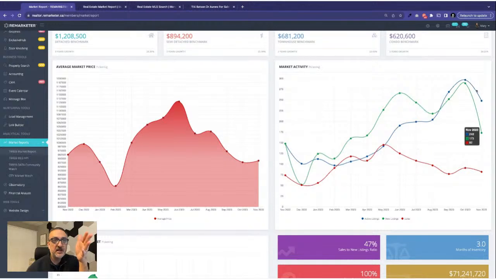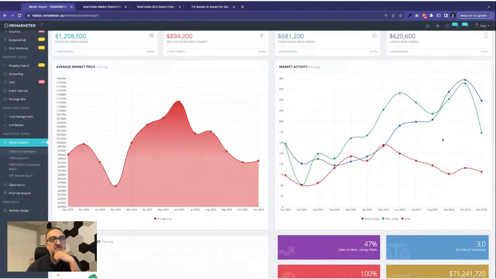So we're still having a lot of properties available in the market. However, you can see that there was a sharp incline and a sharp decline right here happening during September and October of 2023. So now things can start making sense to you, and you can look at these numbers and see what has been going on over the past few months.